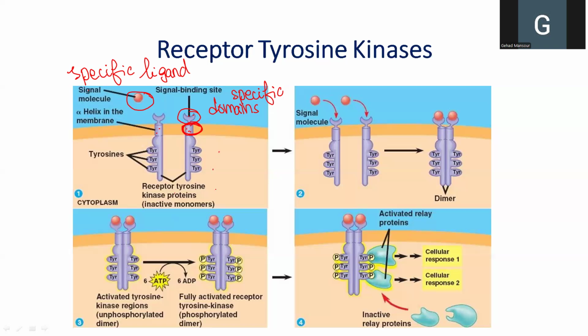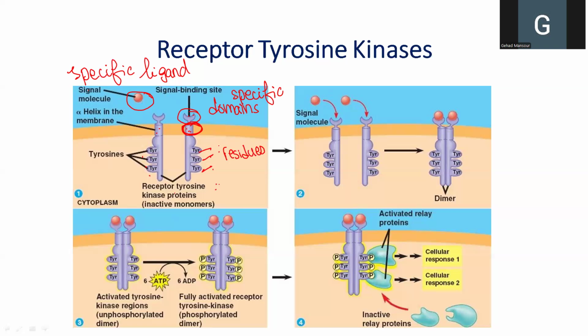The cytoplasmic part of the receptor is actually the enzyme, the tyrosine kinase. And the tyrosine kinase has several tyrosine molecules, which we call tyrosine residues. And these are inactive up till now.